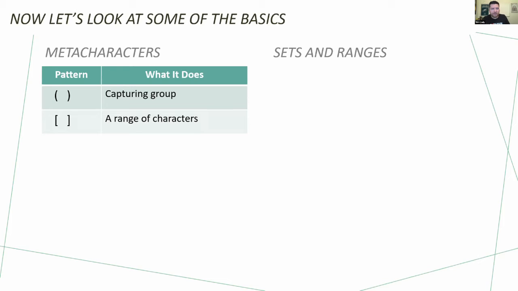The brackets represent a range of characters, and I'll talk more about that in a second in the sets and ranges piece. And I already mentioned this a little bit, but the backslash, when followed by another meta character, is going to make that character literal. It's called escaping that character. So you saw the period already, but this could be a dollar sign, a caret, a pipe, any sort of meta character that's used in regex.